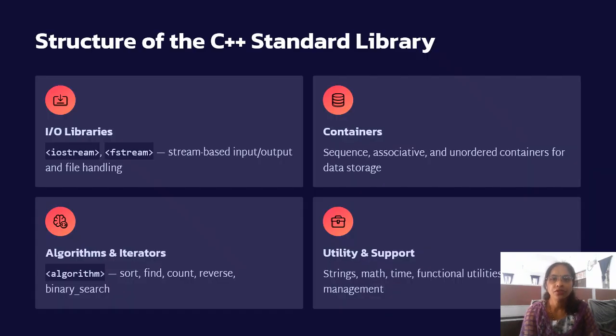Now, what is the structure of the C++ standard library? The main components are the input-output libraries, which include iostream and fstream, for stream-based input-output and file handling. Second is the container. We will discuss containers in depth in the next slides, but for now just remember that containers include sequence, associative, and unordered containers for data storage.